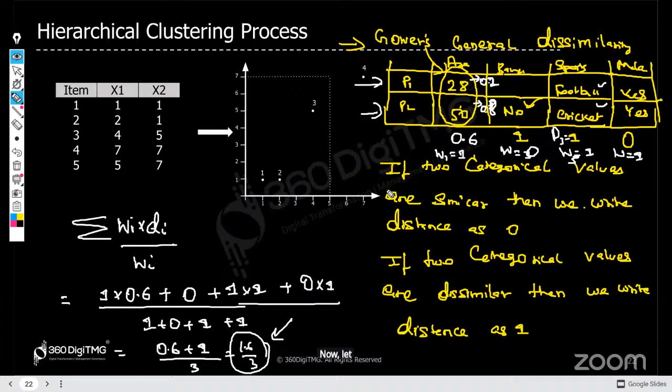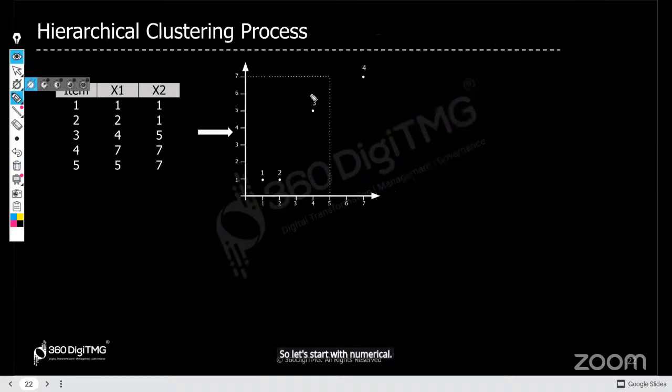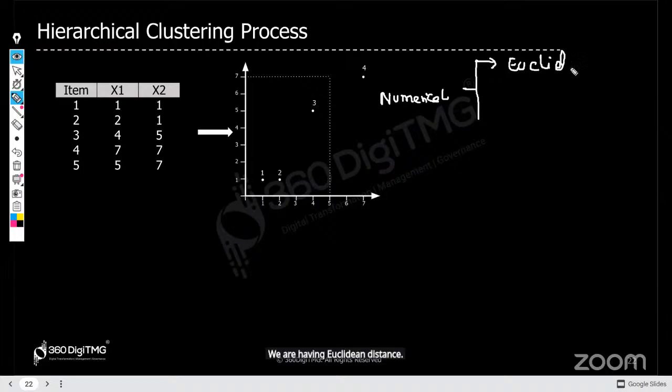Now let's write down all the distance formulas that we have discussed. Let's start with numerical. When it comes to numerical, we are having Euclidean distance, Manhattan distance, and Mahalanobis distance.